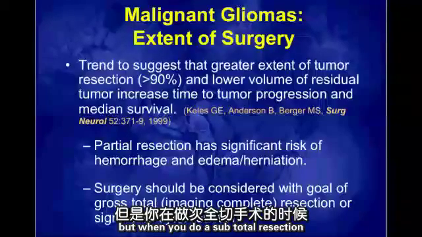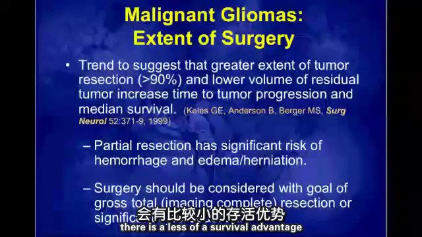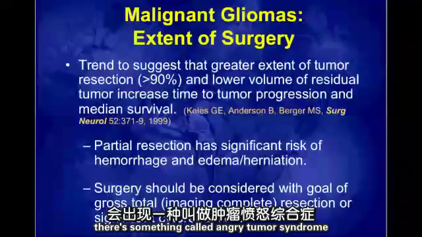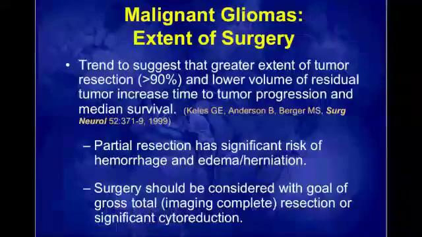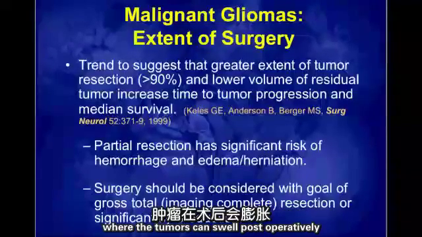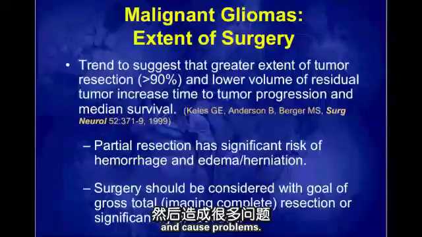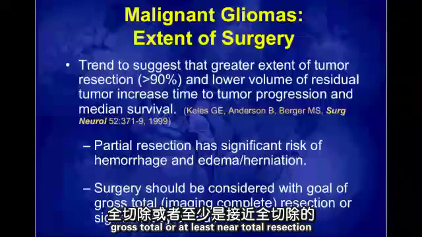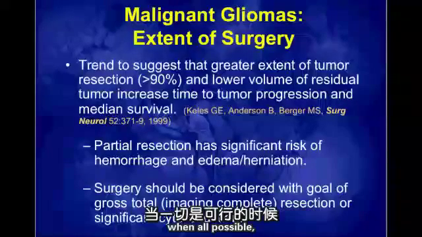But when you do a subtotal resection, there is less of a survival advantage, and probably because there are added risks when you do a subtotal resection for a large tumor. There's something called angry tumor syndrome, where the tumors can swell postoperatively and cause problems. So surgery should be considered with the goal of gross total, or at least near total resection when at all possible.